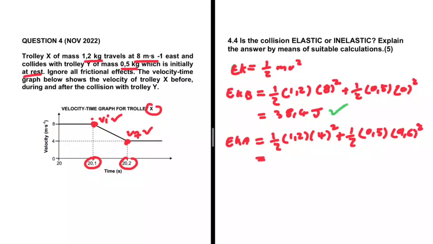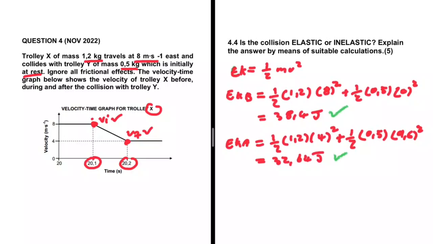If you put that in your calculator, you're going to have 32.64 joules. So there we go. We have EK before and after the collision. So we can go ahead and conclude that the collision is inelastic, right?